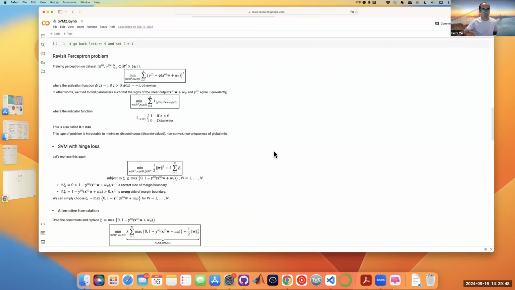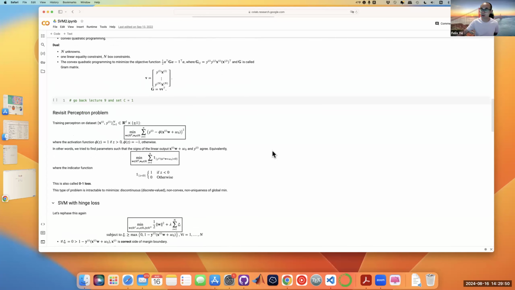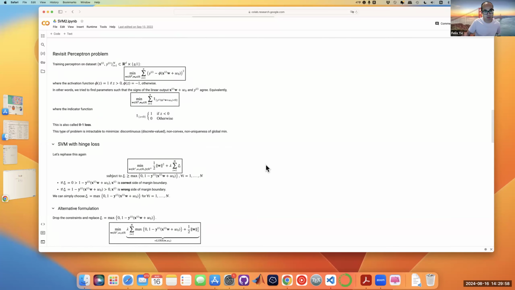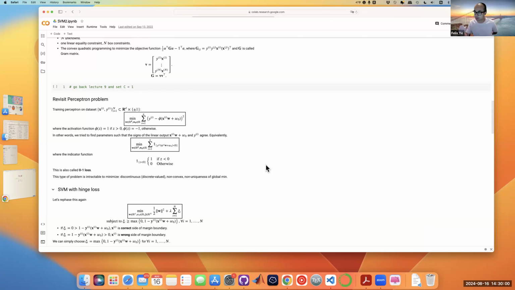Okay, but that's not the end of everything. The reason why we want to continue is because we want to have a different perspective on the problem. For example, let's step back to rethink about perceptrons.